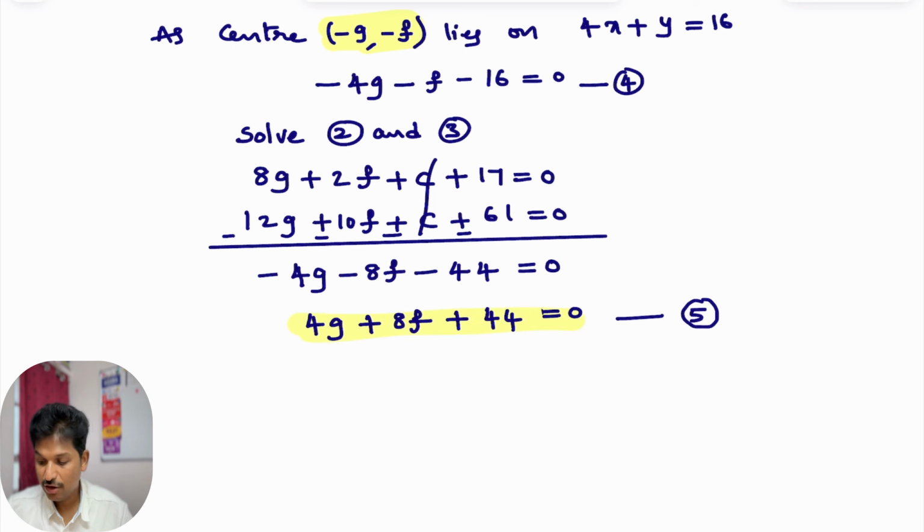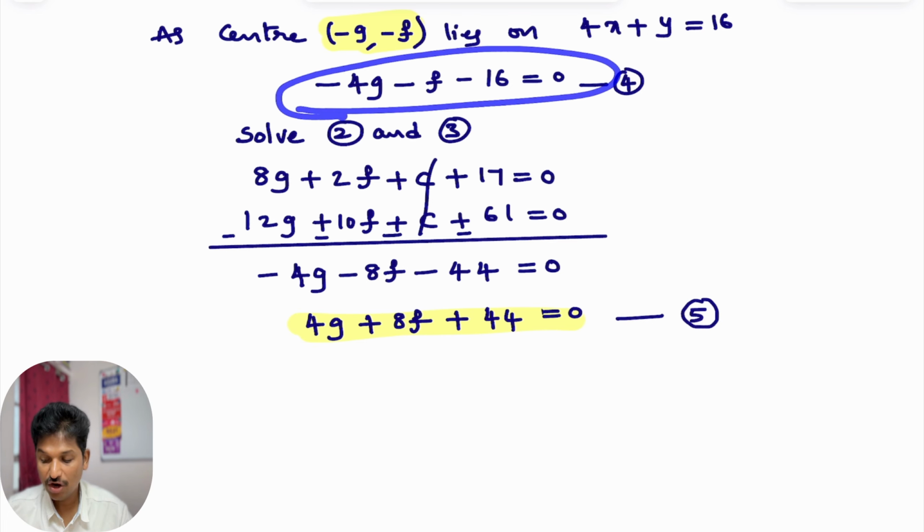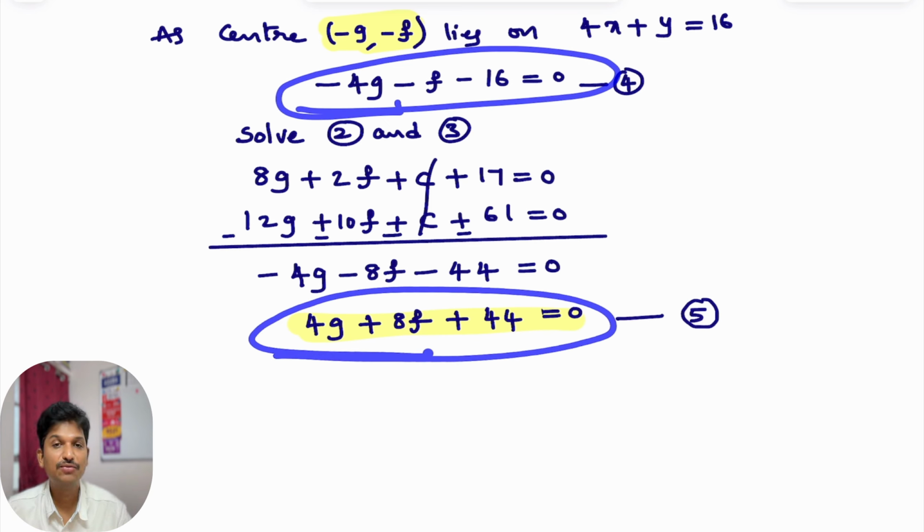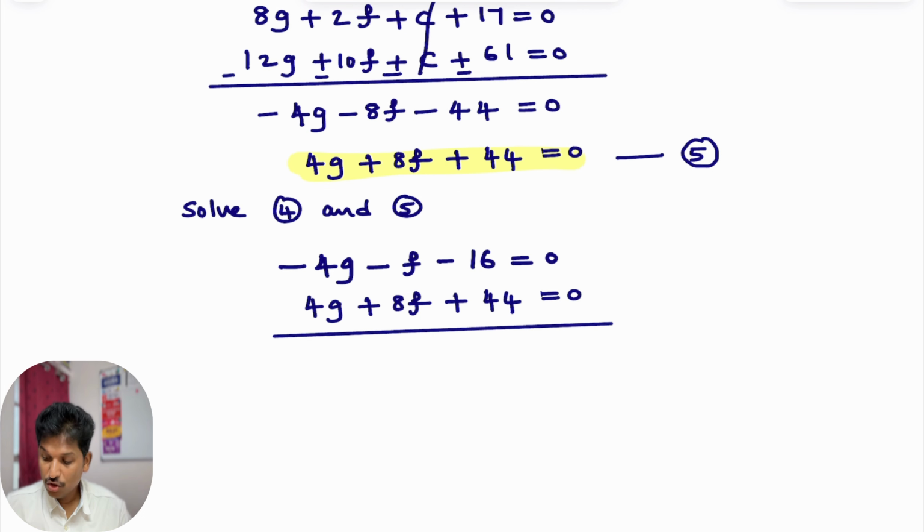Now you see I got an equation in terms of G and F. You see I already have one more equation in terms of G and F. What I'll do, I'll solve these 4 and 5 to get the values of G and F. You observe these two equations. Here minus 4G plus 4G is there. So what I'll do, I'll add these two equations. When I add, these two will get cancelled.